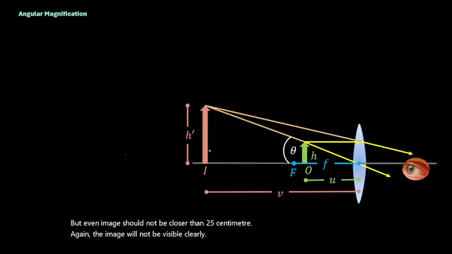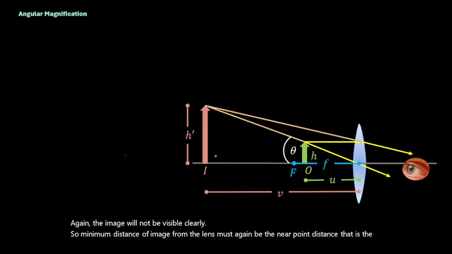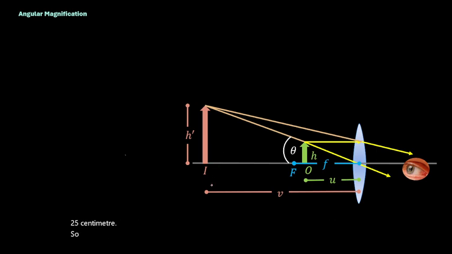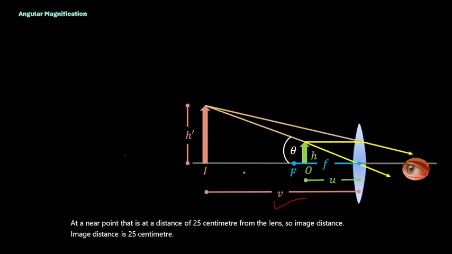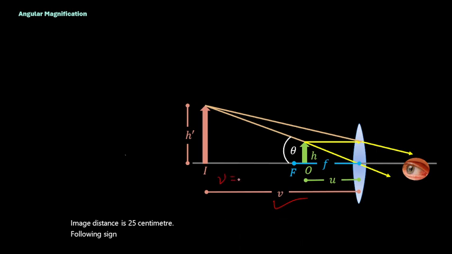So the minimum distance of the image from the lens must again be the near point distance, that is 25 centimeter. So we first consider the case of the image formed at the near point, at a distance of 25 centimeter from the lens. So the image distance is 25 centimeter. Following sign convention, we take the image distance to be negative 25 centimeter.